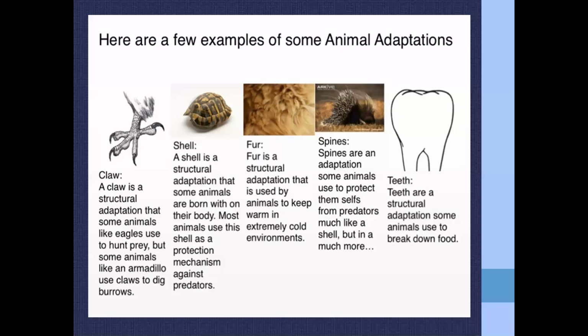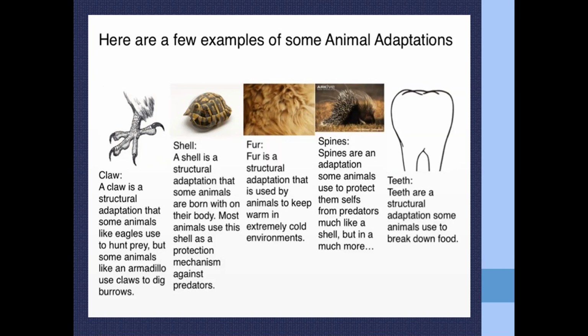Okay, then another adaptation is in the form of a shell. Again, I hope every one of you knows the names of most of the animals that have a shell on their body. So a shell is a structural adaptation that some animals are born with, meaning when they are born they already have a shell on their body.